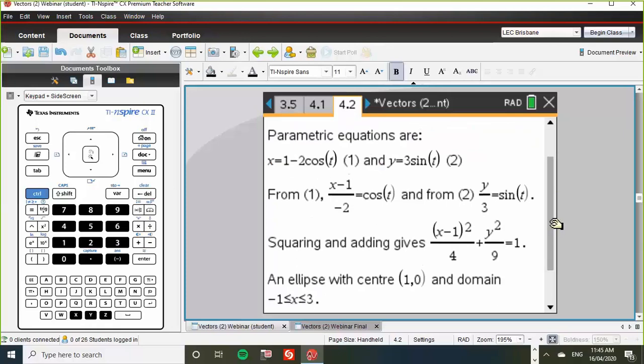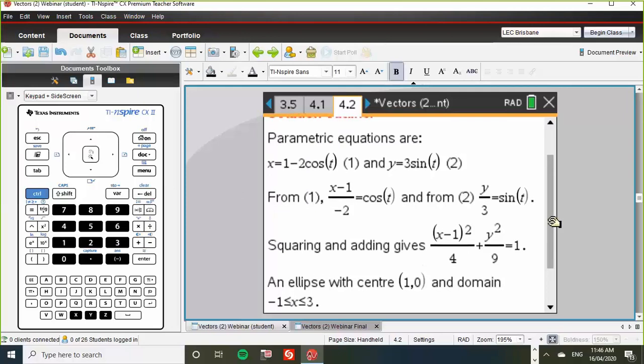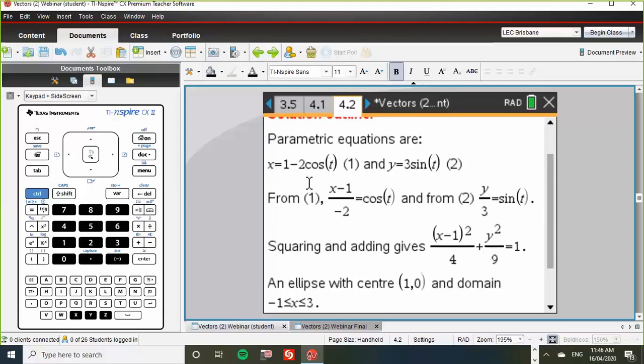The ellipse has a centre 1, 0. Now the domain, you can tell that the domain or the allowed values for x are from -1 to 3. Now one way of determining that is to look at this first parametric equation, and cos t lies between -1 and 1, so its minimum is -1 and its maximum is 1.